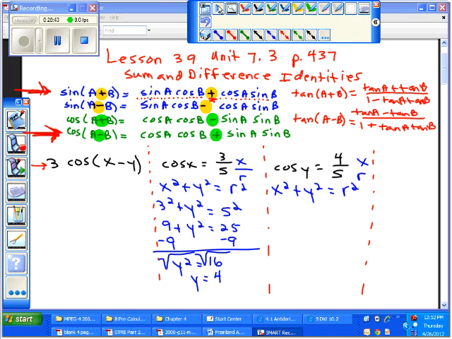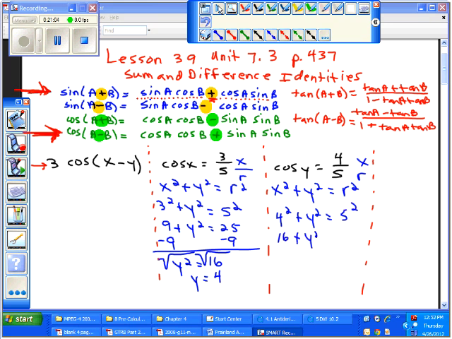You realize the one on the right's a separate entity from the one on the left. Don't try to make the y of the one on the right be the y of the one on the left. Those are two totally separate entities. Okay? And so we're going to have x of 4 squared plus y, which we don't know, squared, is equal to the radius, which is 5 squared.